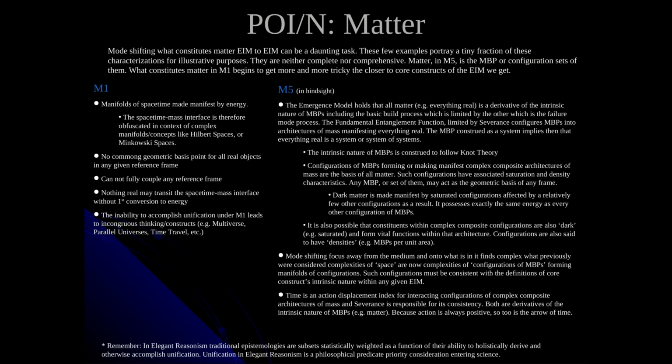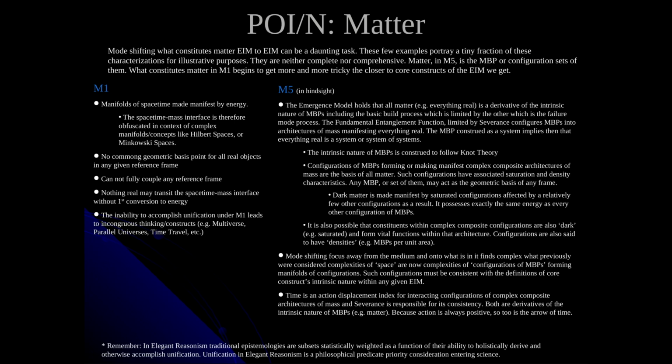Over on the M5 side, the emergence model holds that all matter, which is everything real, is a derivative of the intrinsic nature of MBPs, including the basic build process, which is limited by the other process, which is the failure mode process.